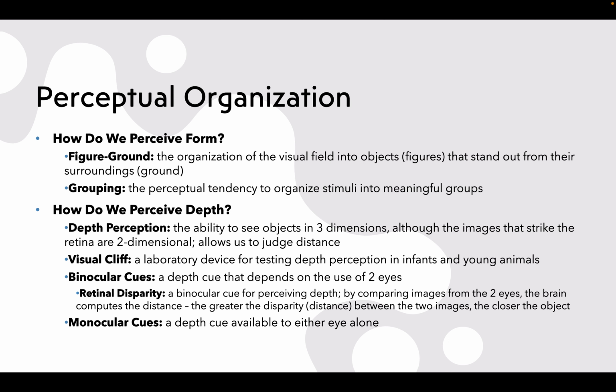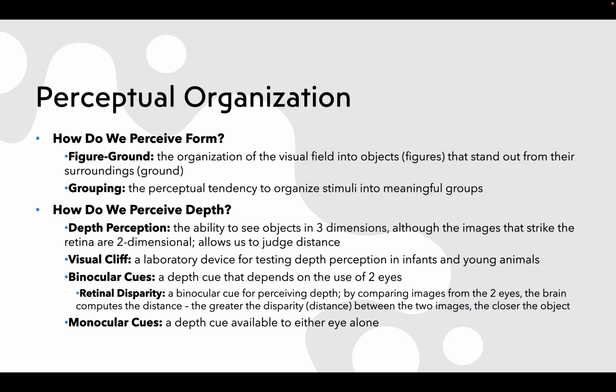So binocular cues are depth cues that depend on the use of 2 eyes. This is mainly done through retinal disparity. Retinal disparity is a binocular cue for perceiving depth by comparing 2 images from the eyes. The brain computes the distance.